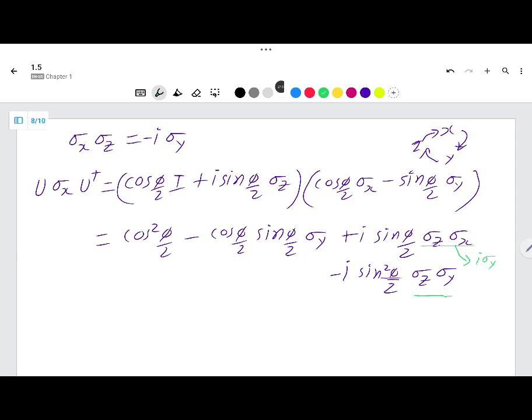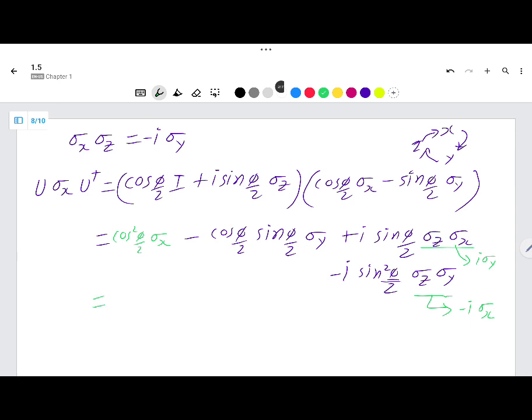This zy will give me minus i sigma x. Okay. I forgot this cos square pi by 2 sigma x. Okay.